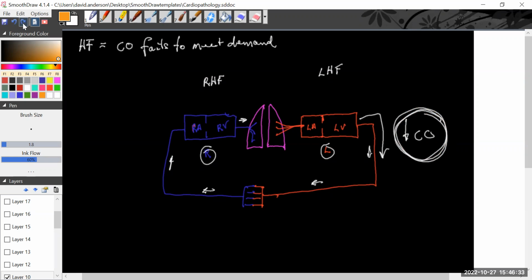So what are we going to see in somebody with a cardiac output that does not meet demand? That is described as our forward failure.